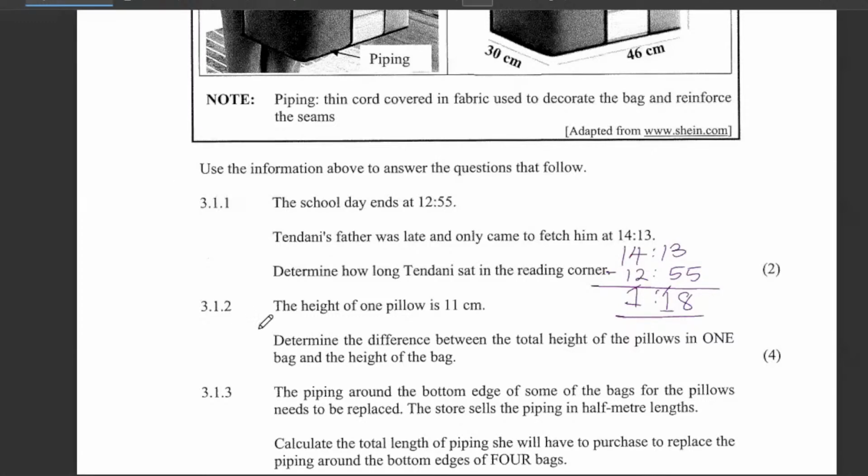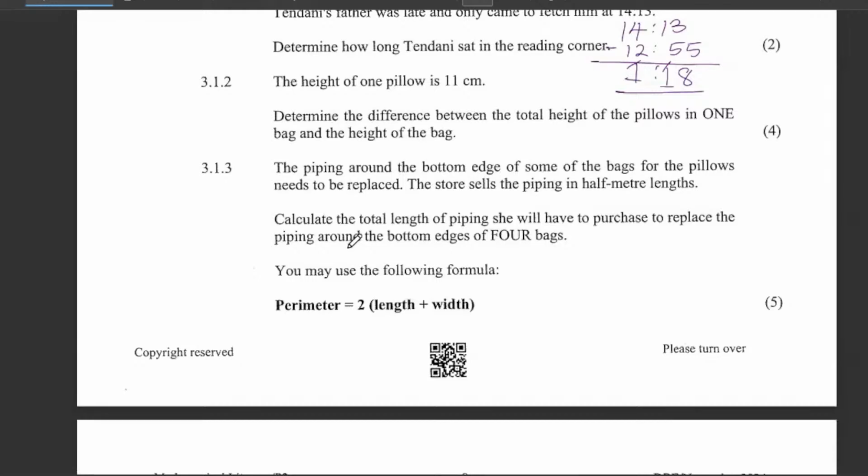So they're telling us the height of one pillow is 11 centimeters. Determine the difference between the total height of the pillows in one bag and the height of the bag. Now look here, we are looking at the difference between the total height of the pillows in one bag.